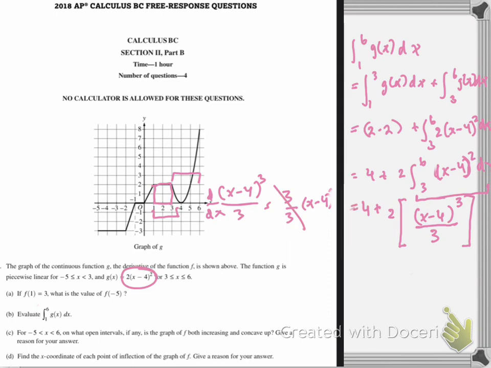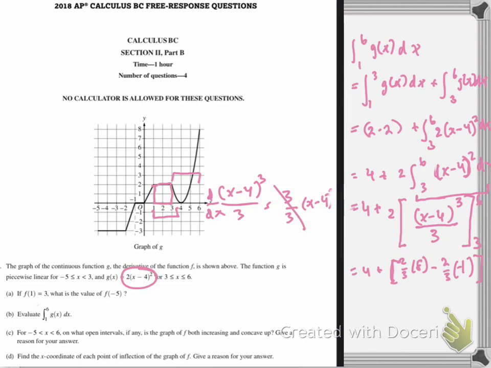So coming back, we've got this evaluated from 3 to 6. We can write this as 4 plus 2/3 times 8 minus 2/3 times negative 1. I'll just save you the hassle of plugging in 6 and 3.